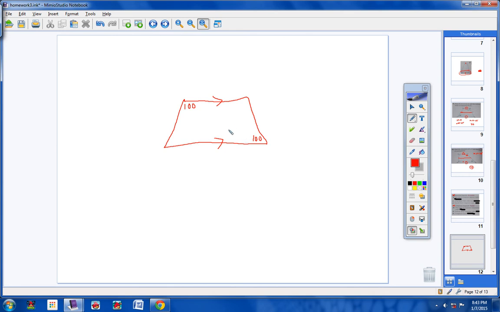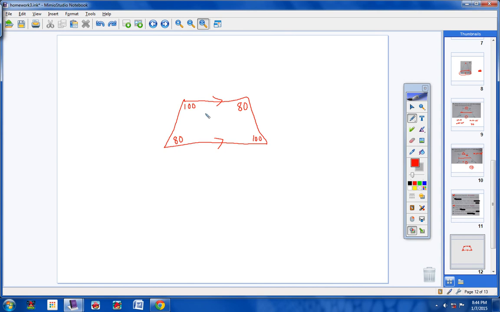Now, if that's true, then what does this angle here have to be? 80. Remember, whenever you have a trapezoid, the two angles here are always going to be supplementary, and this would have to be 80 as well. That's impossible, guys. Look, what do we know when opposite angles are congruent? What do you have? A parallelogram. We learned that whenever both sets of opposite angles are congruent, you have a parallelogram.